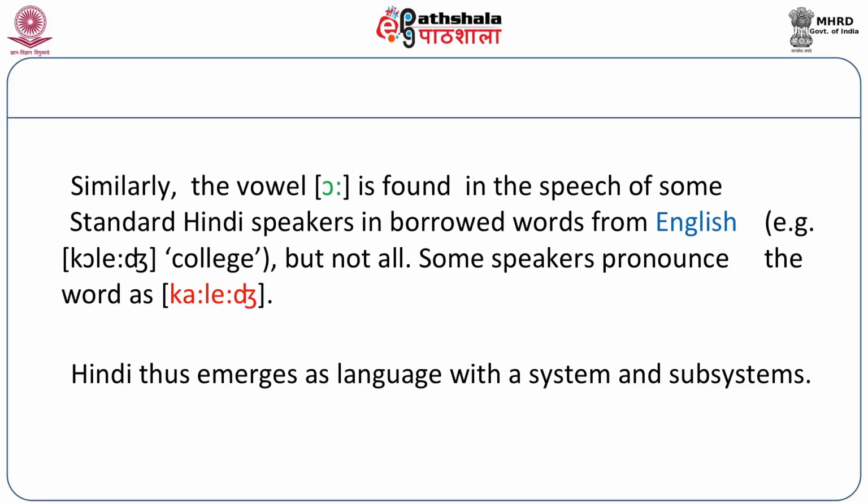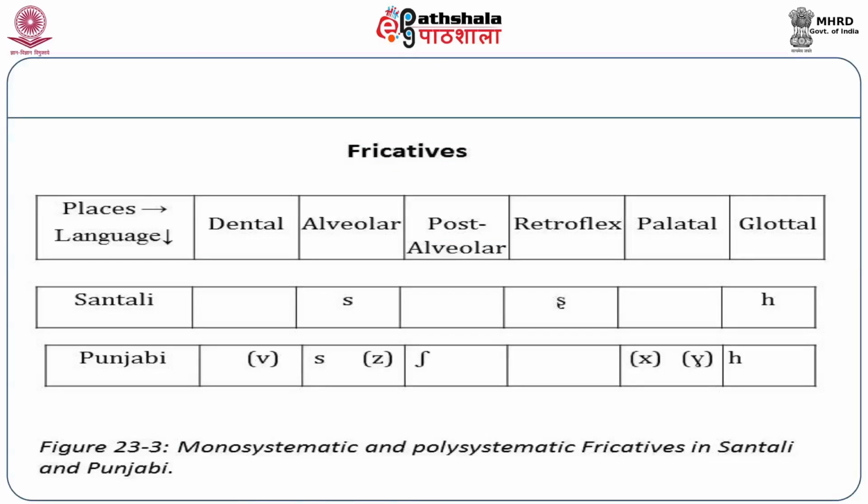We have examples of phonemic systems which are very clearly monosystematic, but we also have examples of systems which are polysystematic. We thus have consonant systems in a language such as Punjabi, which seems to have multiple systems within it. So there are consonants which are marginal consonants, and there are consonants which are not so marginal consonants. Similarly with vowels.